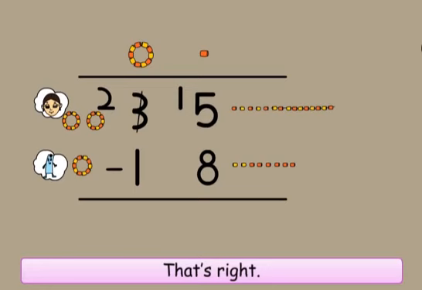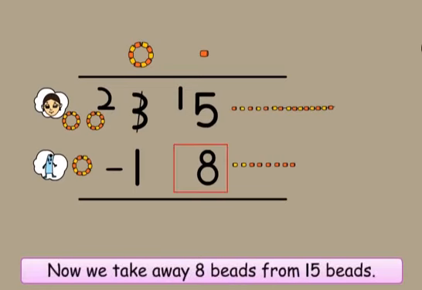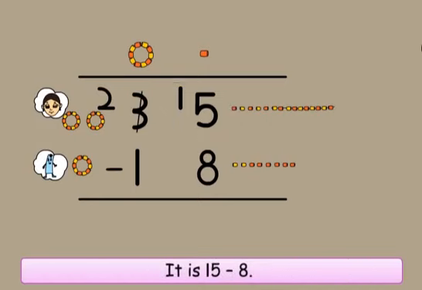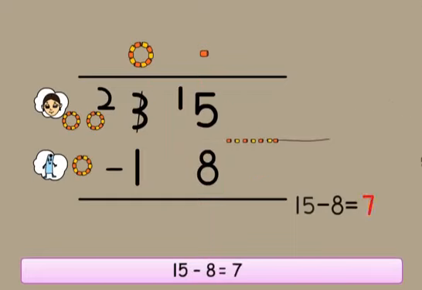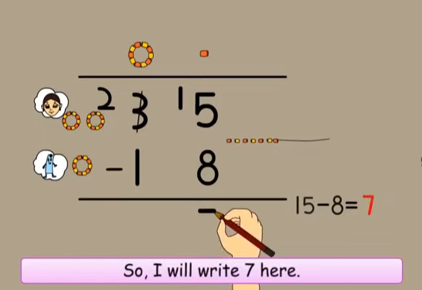That's right. Now we take away 8 beads from 15 beads. It is 15 minus 8. 15 minus 8 is equal to 7. So I will write 7 here.